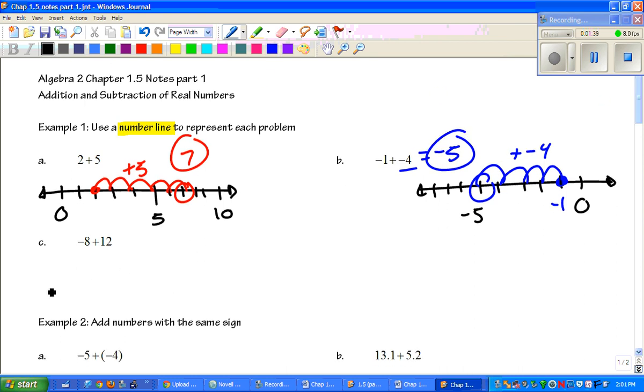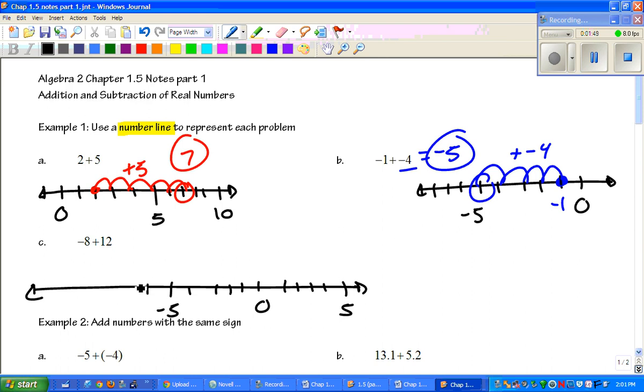And let's look at this last one. So 0, 1, 2, 3, 4, 5, negative 5, negative 10. We are starting at negative 8, and we're going to add 12.